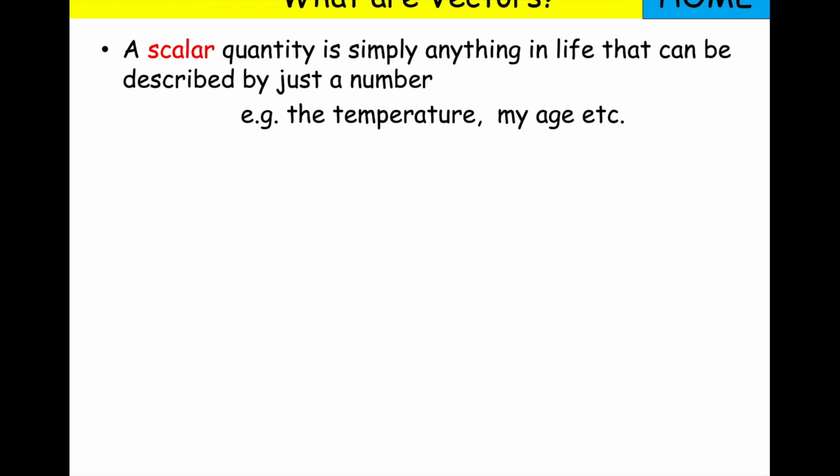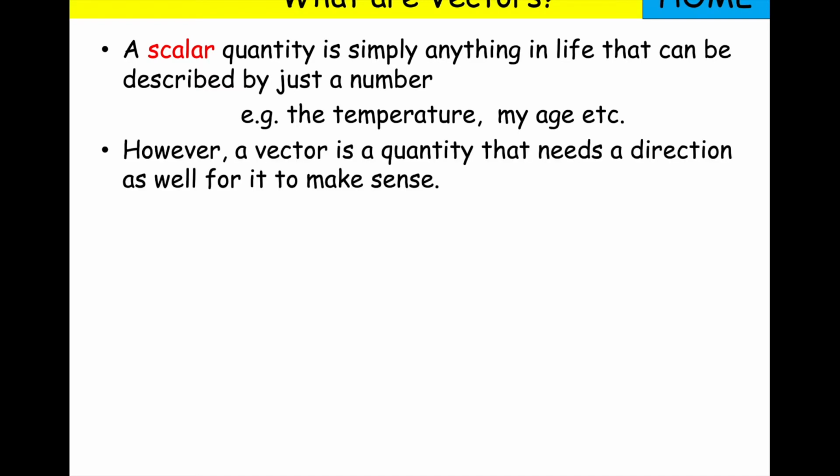When you're asked about the temperature, you can say 13 degrees, 20 degrees. So it's just a number. Similarly with your age, 17 years old, 15 years old, so only a number. So a scalar is anything that can be described by a number.